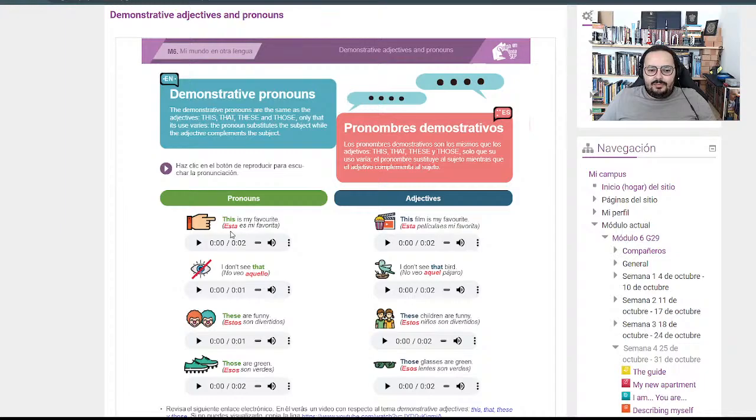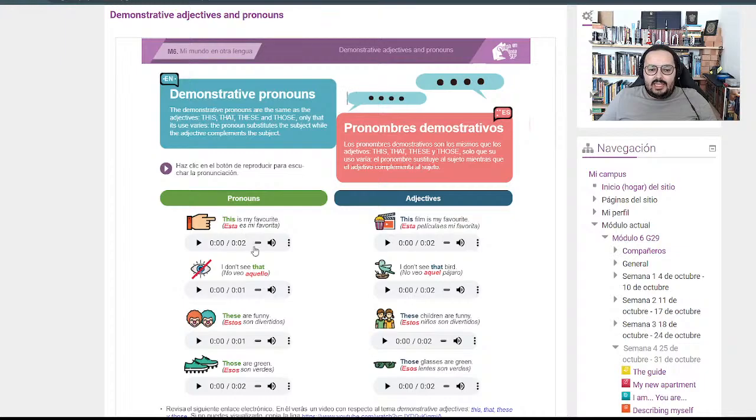For example, if we said this is my favorite, on the word this, we are saying what is our favorite. But if it's a demonstrative adjective, we are saying, for example, this film is my favorite.